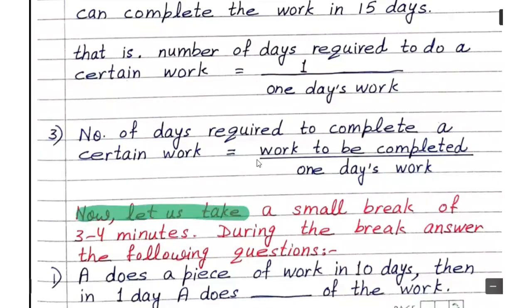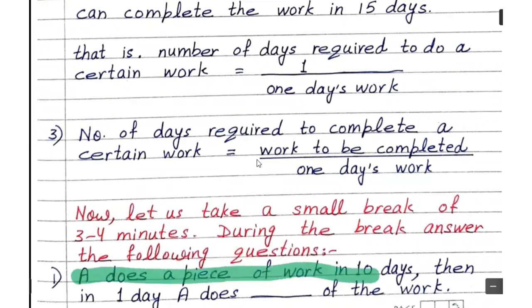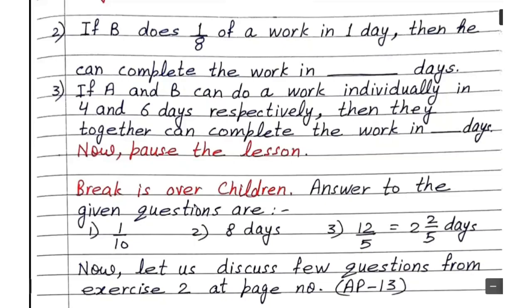Now, children, let us take a small break of 3 to 4 minutes. During the break, answer the following questions. Question number 1: A does a piece of work in 10 days. Then, in 1 day, A can do dash of the work. Clear? Second: if B does 1 upon 8 of a work in 1 day, then he can complete the work in X days.